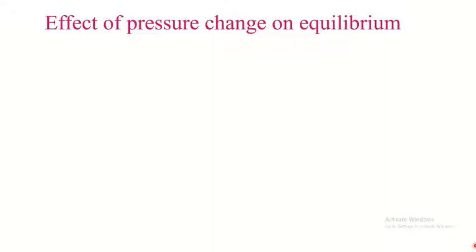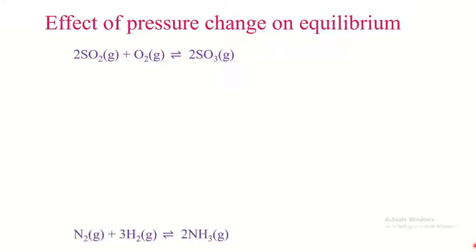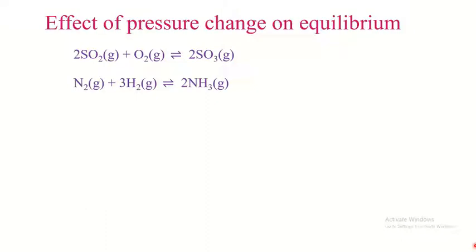If these two conditions are fulfilled by a reaction, then pressure has an effect on the equilibrium of this reaction. Look, there are some reactions. This is a reaction where sulfur dioxide and oxygen produce sulfur trioxide. Another reaction, production of ammonia by the reaction of nitrogen and hydrogen.